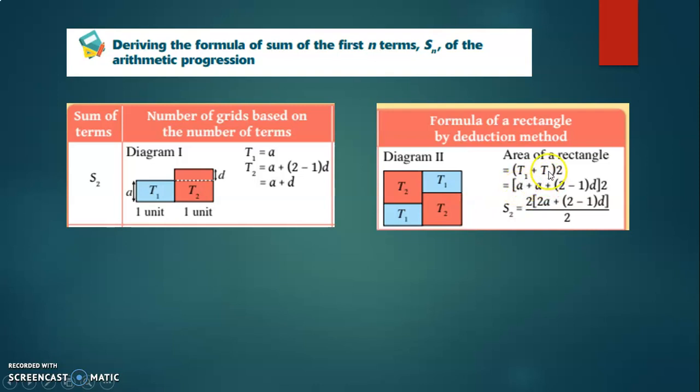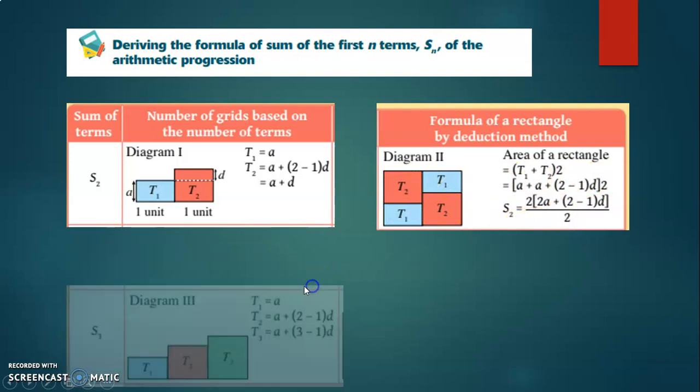Is A。T2 呢是 A 加 n-1 d 吗？就是2减1乘以 d 咯，两个乘起来要乘2。So what is S2? S2 means first 2 terms，就是 T1 加 T2。这里有两份嘛，所以等于整个东西 area of this rectangle divide by 2.